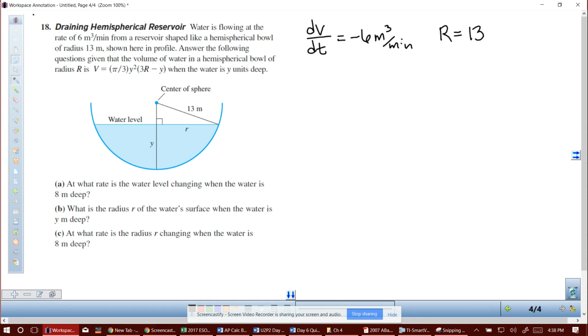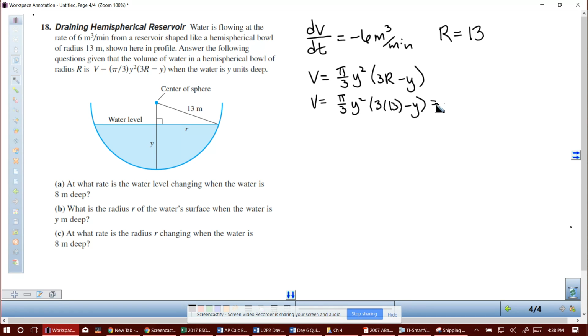It says answer the questions given that the volume is equal to pi over 3 times y squared times 3r minus y. So basically the radius of the shape is not changing. I'm going to go ahead and put that in. So pi over 3 y squared, and that's going to be 3 times 13 minus y.